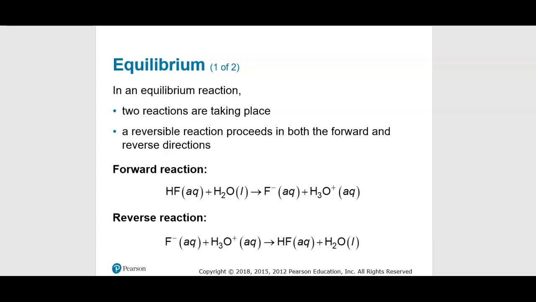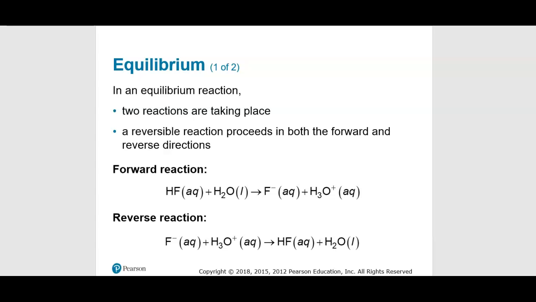Well, the reaction can go in the reverse direction, and the reverse direction is given here. What's happening in a reversible reaction in an equilibrium situation is that both the forward and reverse reactions are going on all the time.